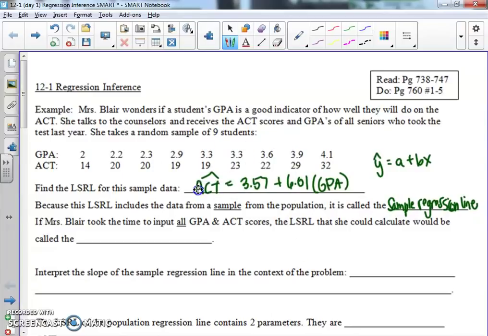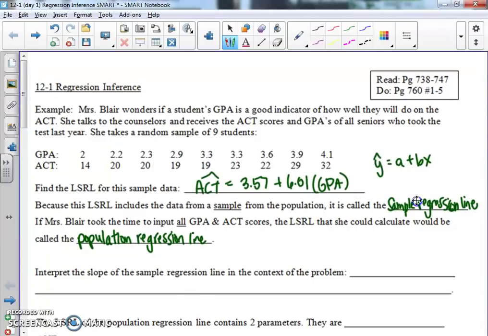So because the sample of 9 students gives me this regression line, I call it a sample regression line. If Mrs. Blair took the time to input all of the GPA and ACT scores of all the students who took the test last year, then the least squares regression line would calculate the population regression line, which is kind of like the parameter.